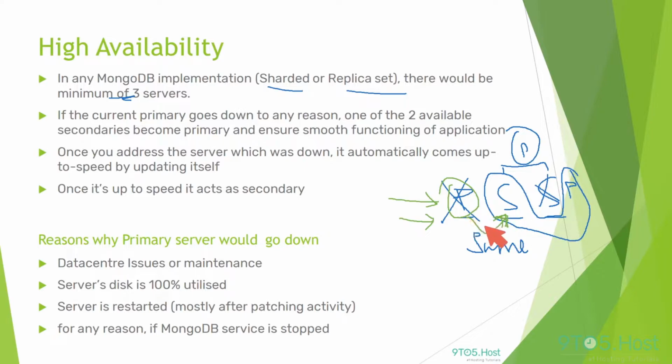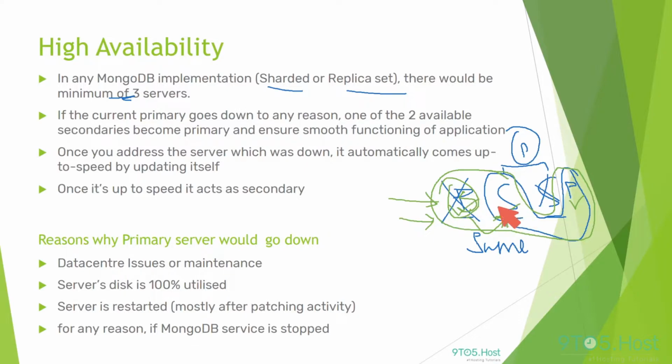As soon as the server which was down is up to speed with respect to data, the status of this server would be promoted to secondary. So the server that was earlier acting as primary now becomes secondary and joins the cluster. So again, the primary is changed and a primary-secondary-secondary cluster is formed.